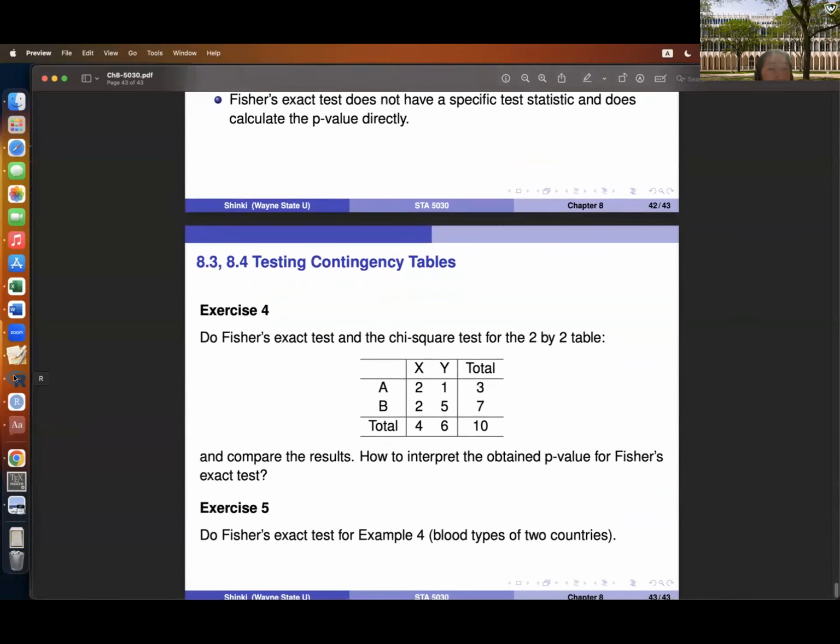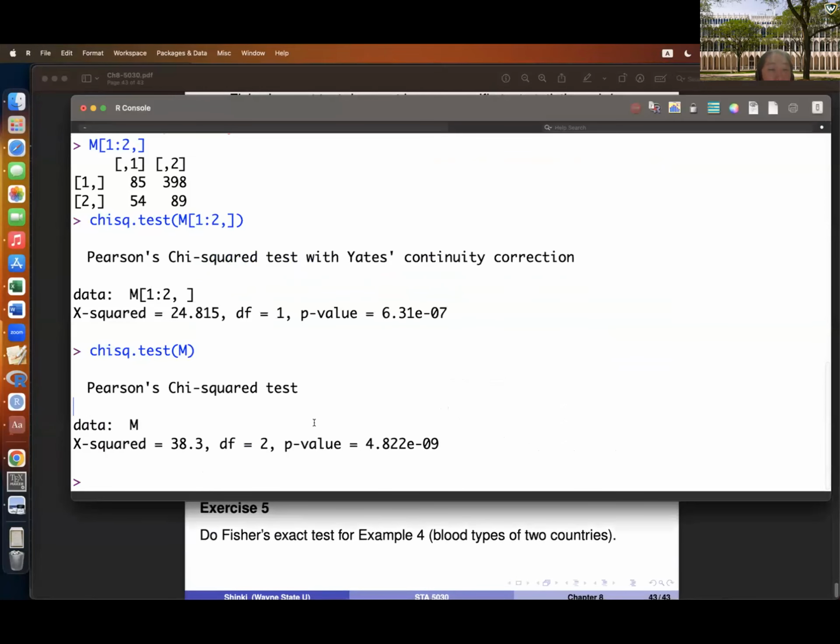We have blood type data for two countries. For India, we have 38, 23, 32, and 7. And for the United States, we have 44, 42, 10, and 4.